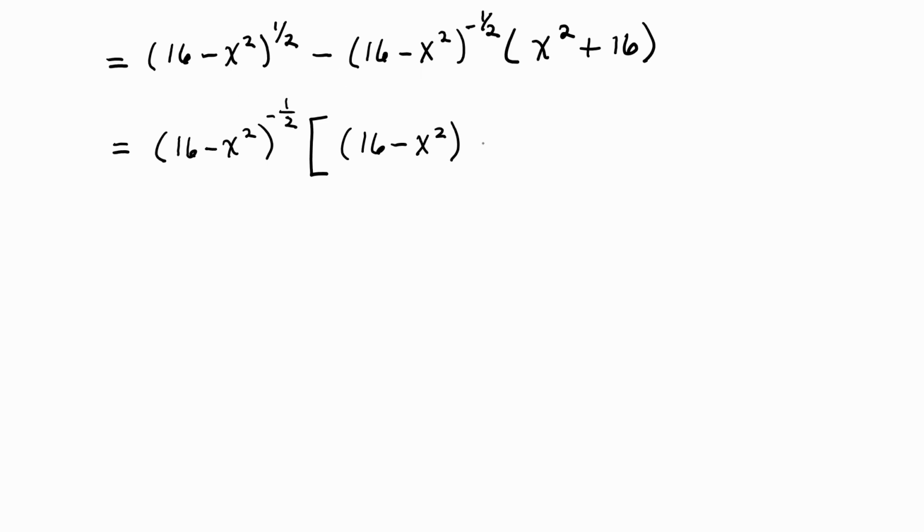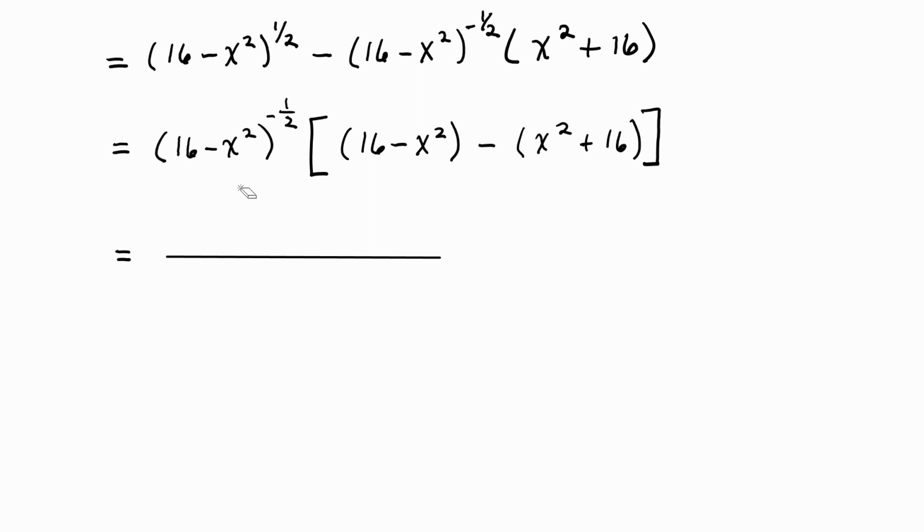Now we have that minus sign. We have factored out this quantity 16 minus x squared to the negative 1/2, which means we just have left the quantity x squared plus 16. And this is going to equal, let's get a fraction bar going.